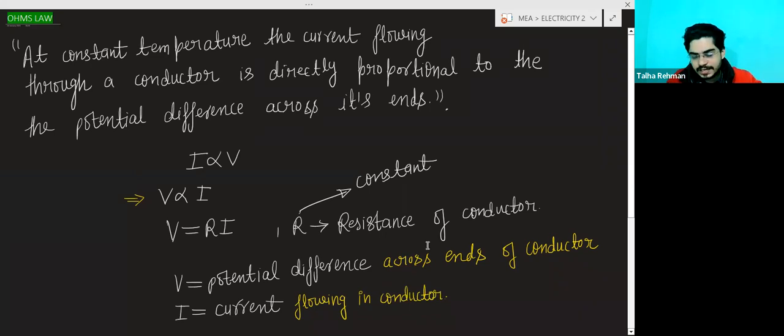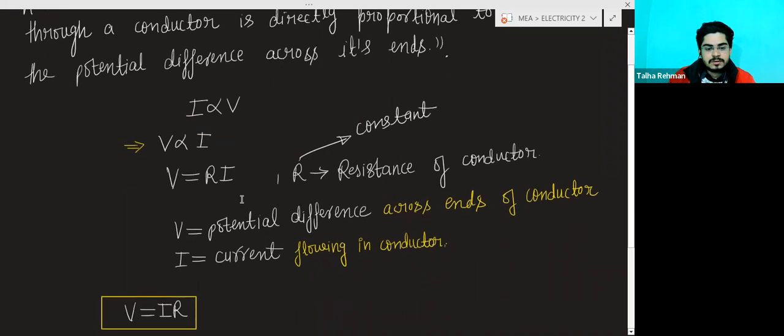We will discuss the resistance in detail. And finally, you have to remember V is equal to IR. V is equal to IR. This relation you will get from Ohm's law.